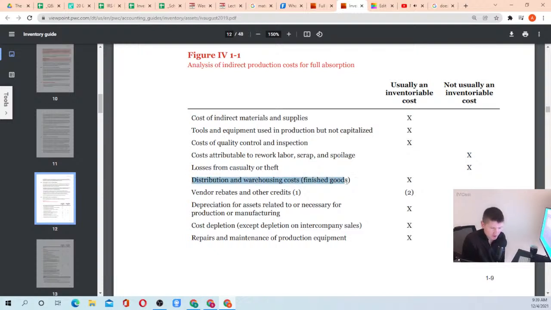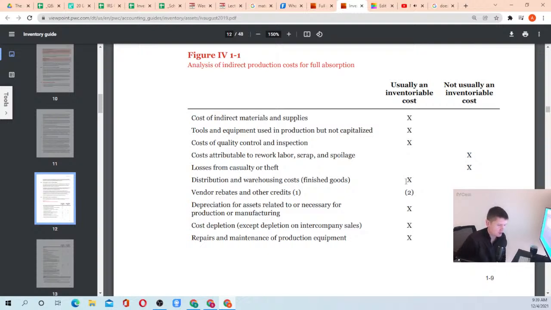Then distribution and warehousing. If you keep warehouses and you distribute your goods through those warehouses, you usually capitalize the cost related to such distribution. But you do not capitalize, for example, shipping to customer. So if you ship your inventory to your warehouse somewhere, you capitalize that expense.